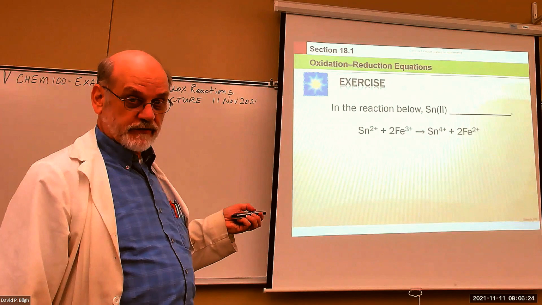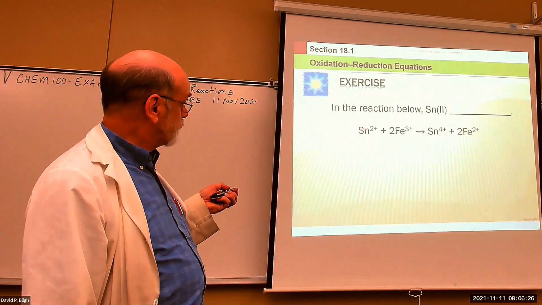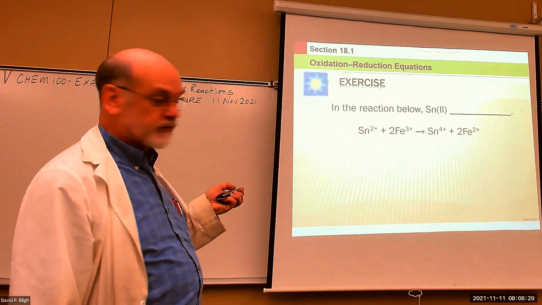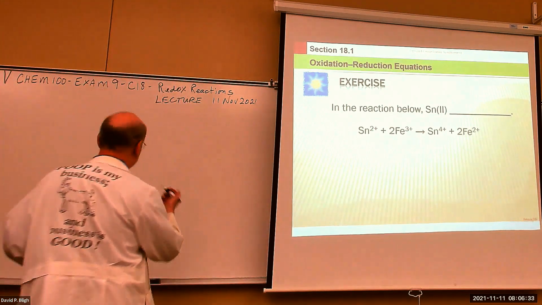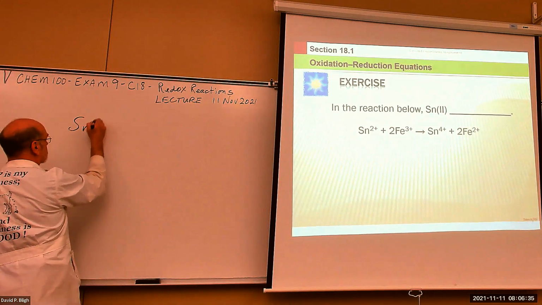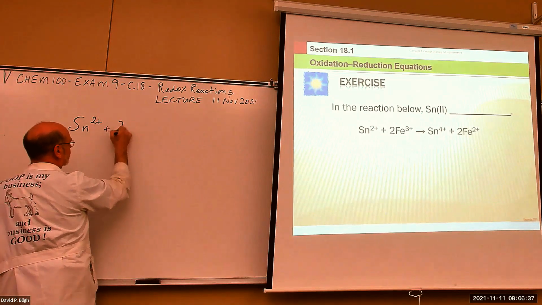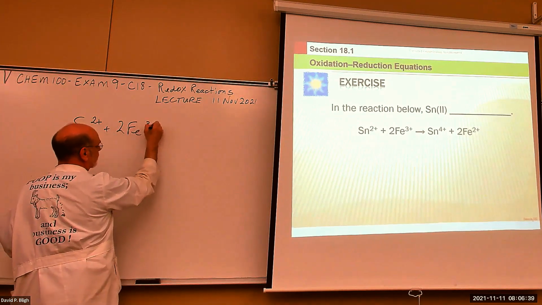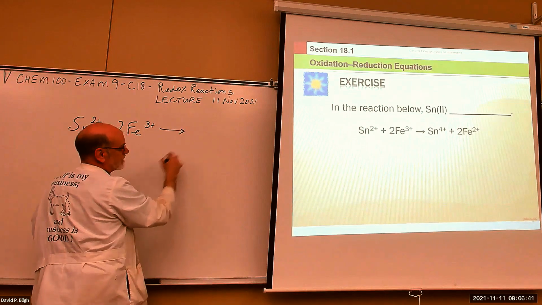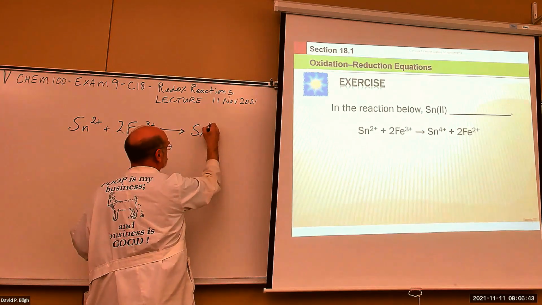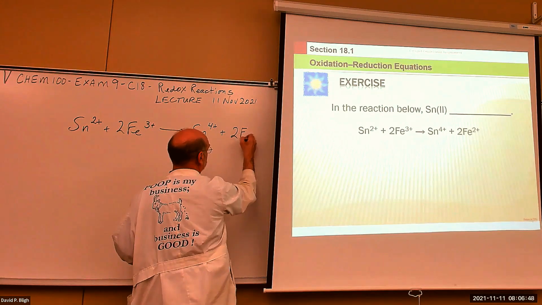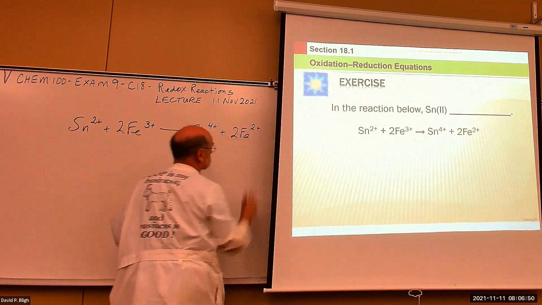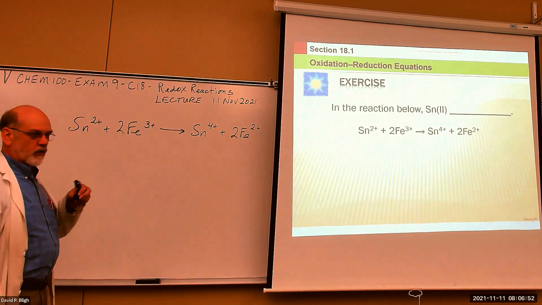And electrons are transferred. And in the transfer, tin goes from 2+ to 4+, and we have iron 2+.